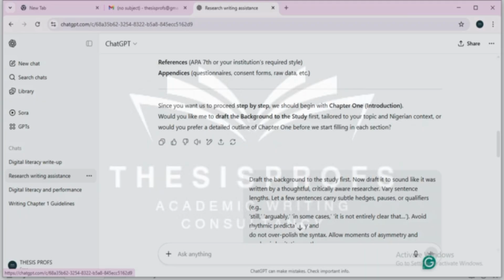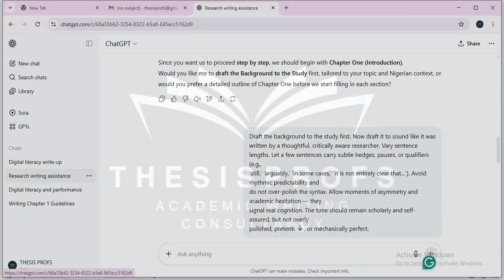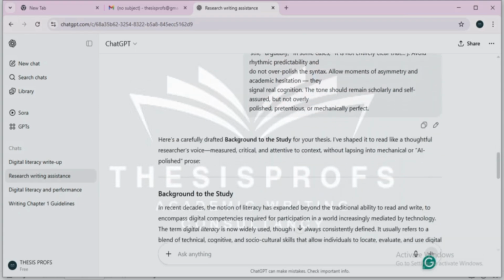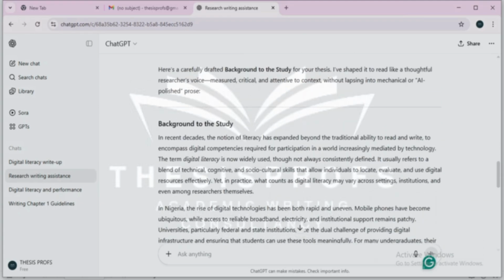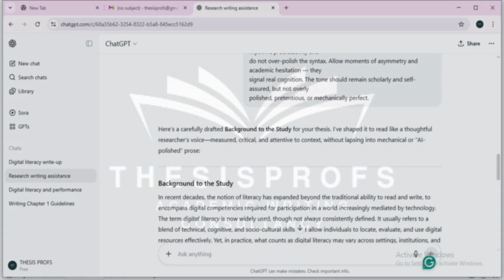Let it sound like, you can still remember this here, written by a thoughtful, critical, aware researcher. Vary sentence length. Let a few sentences carry subtle hedges, pauses, and qualifiers, and so on. And then you can see. So if you read this and you read the other one, you will definitely see the large difference.